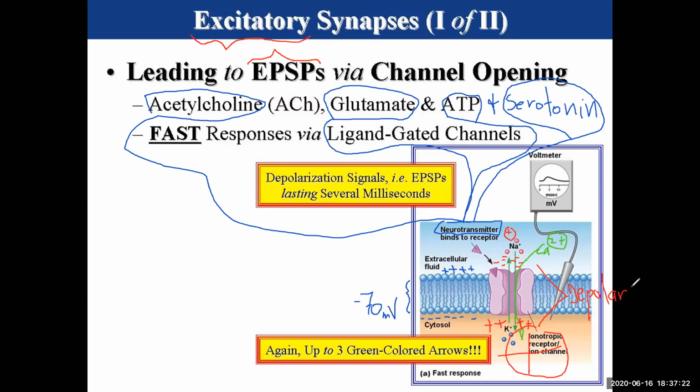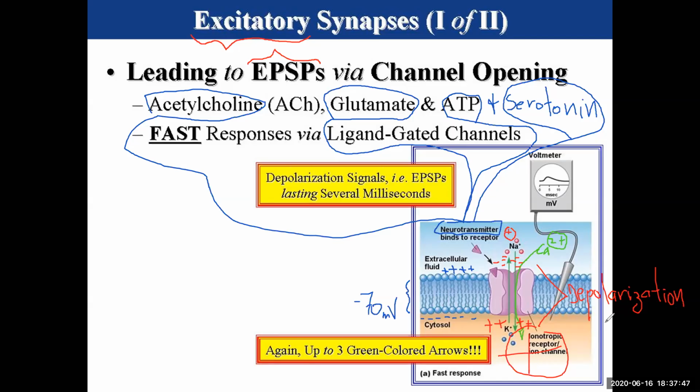So depolarization. Depolarization means you're just flipping the polarity of that particular location on the cell membrane.